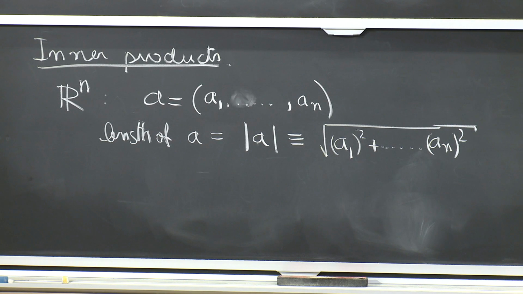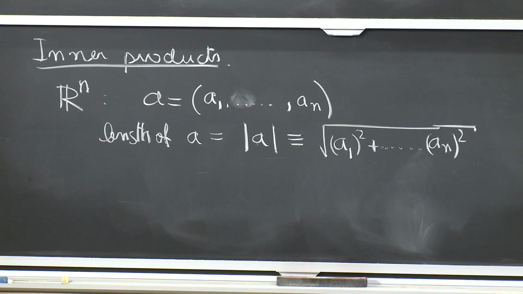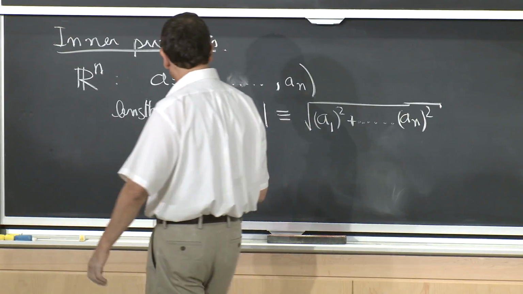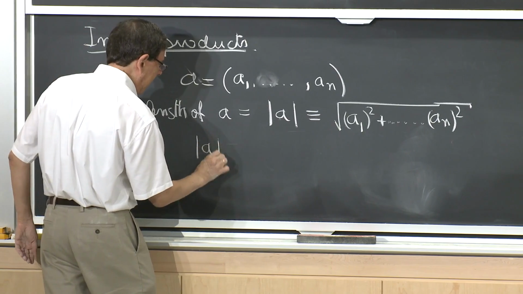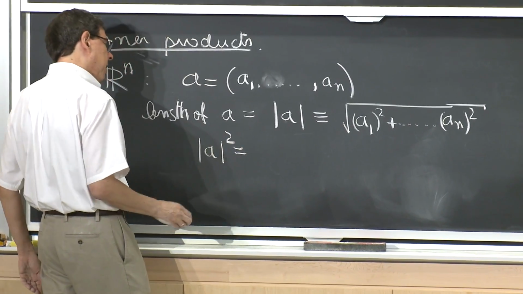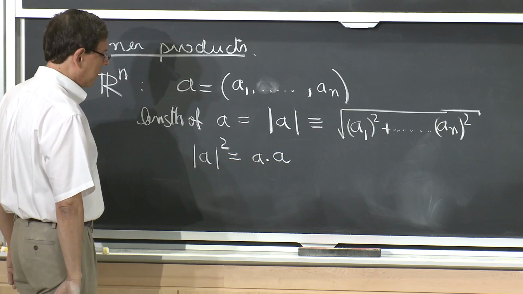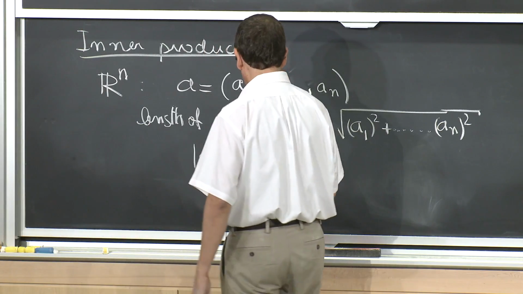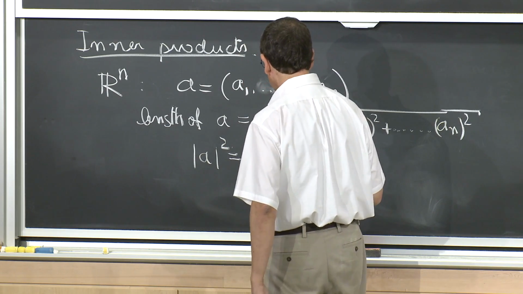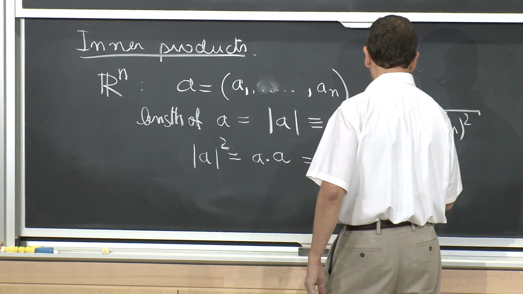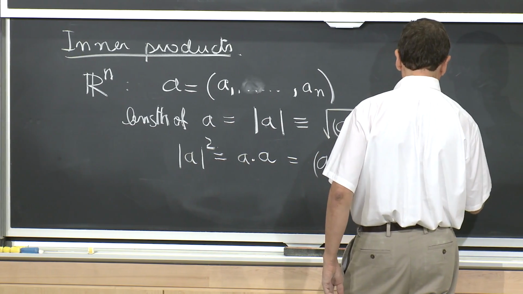Now, when people saw this, they decided to invent a product, and they didn't call it an inner product, they called it a dot product, and said, look, it looks to me like a nice thing we could do here. We could say that the length squared of the vector is the inner product of the vector with itself, and that thing, therefore, is going to be equal to A1 squared plus up to An squared.